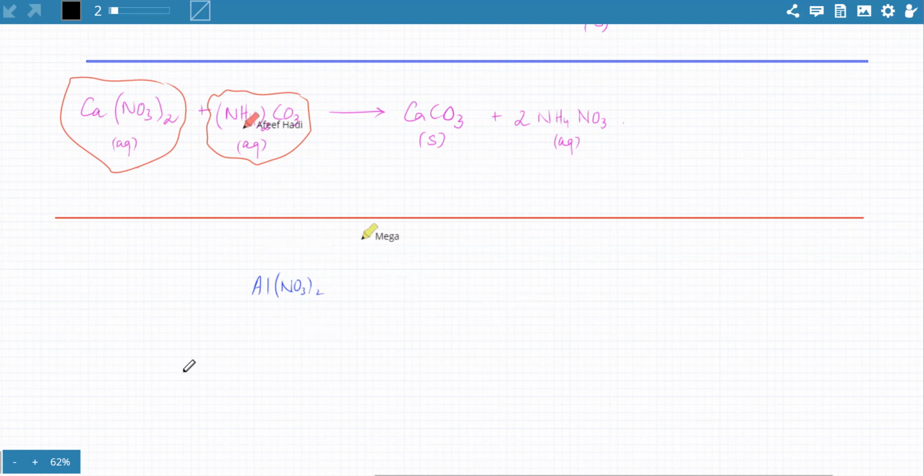Give me an equation for a reaction and describe the method. So that's number one, aluminum nitrate.